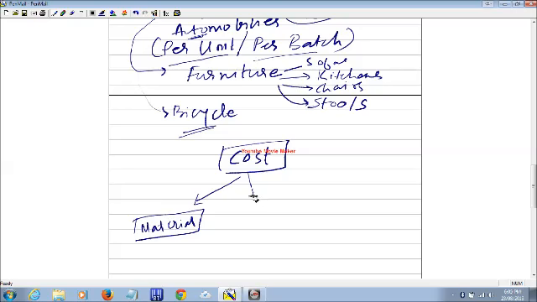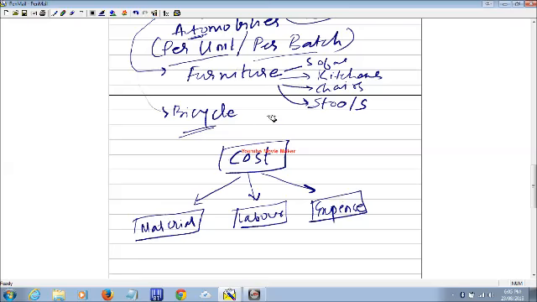Basically we have a cost, and any cost has a classification. The first category is material. The second category is labor, which is required for the production of that material.